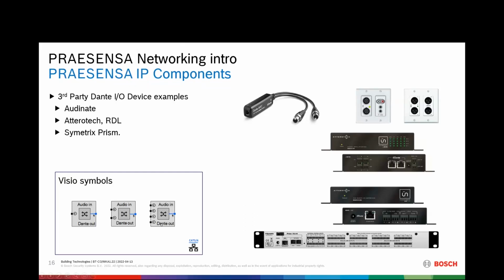We have one channel audio input from external. This is just visual symbols for analog audio in to Dante out, like this Dante AVIO with an analog connector, and this is also a PoE powered device, by the way, so that needs to be connected to a PoE port.